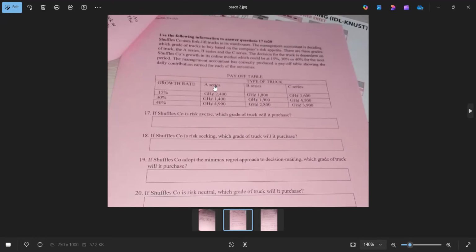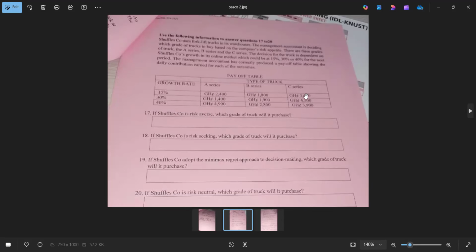So when we pick the A series, we multiply them by the growth rate and add them up. When we pick the B series, we multiply them by the growth rate and then add them up. When we pick the C series, we multiply them by the growth rate and then add them up. When you are done, you compare the expected value for A, B, C, and then you advise the one with the highest expected value.